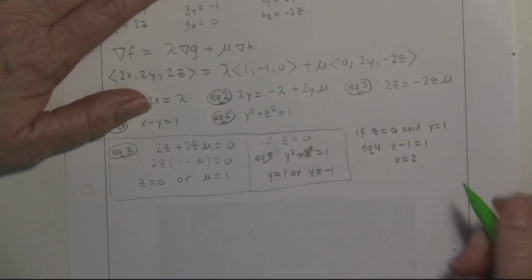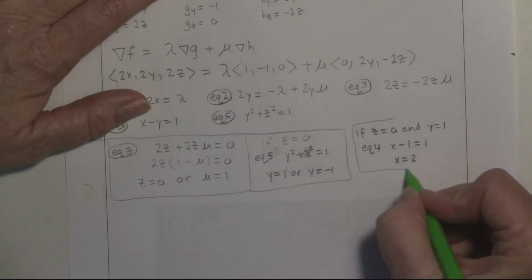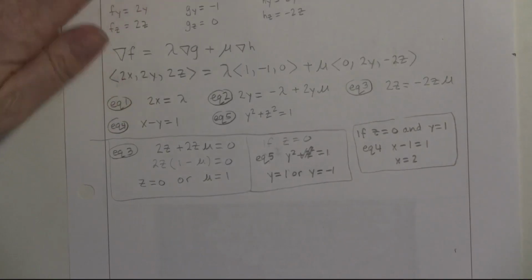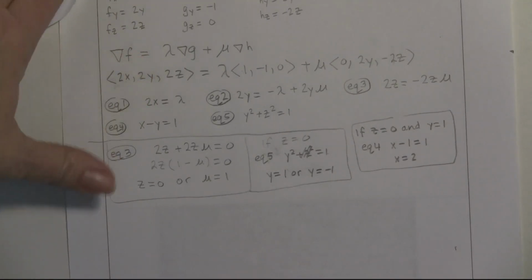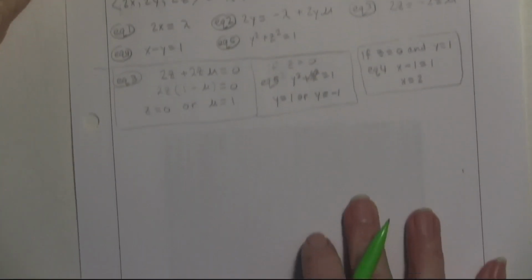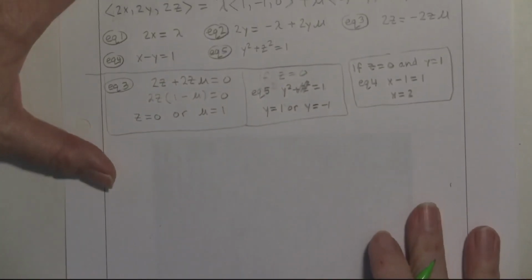Do you guys agree? So now I have an ordered pair to check, and that ordered pair is (2, 1, 0). I'm going to put the ones to check down here because I'm going to run out of room. So f equals x is 2, y is 1, z is 0, and we're going to check that.